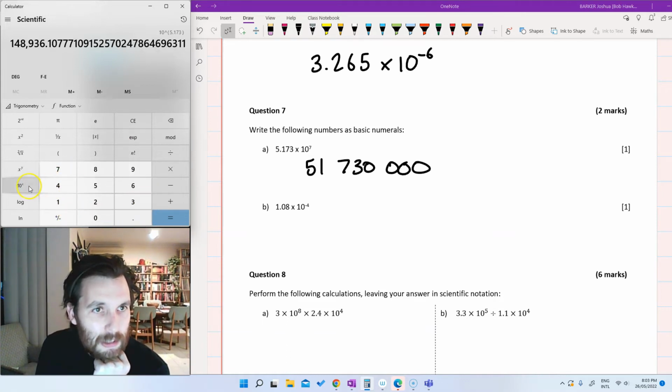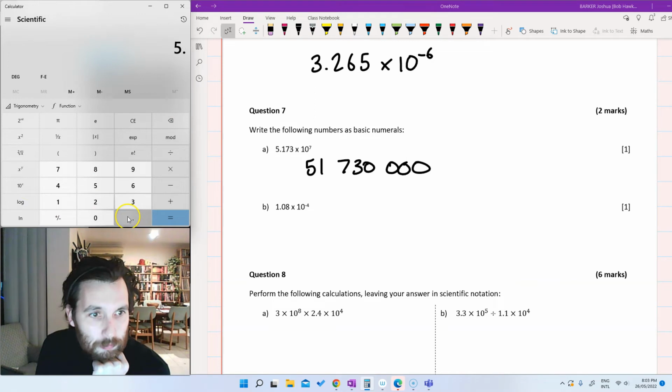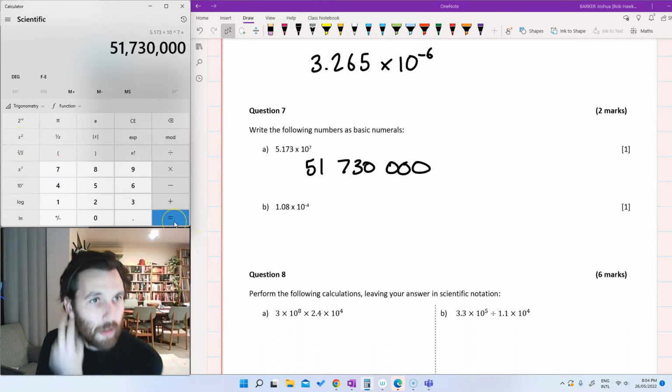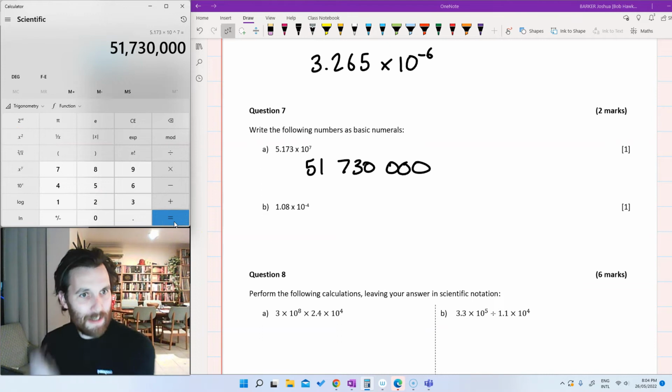Oh, sorry, no, I know what it's doing. 5.173 times 10 to, and I'll just use my power button instead, 7. Okay, another good reason why it's a good idea to figure out how your calculator works in advance of the test happening, but that's okay.